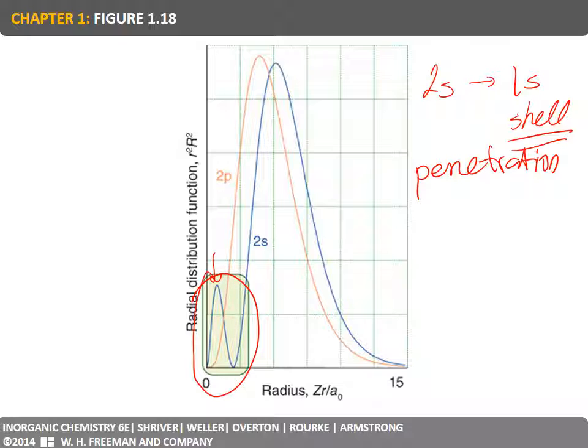Now it is important to remember that 2p electrons will not penetrate effectively through the core, because, as we have stated already, the p orbital, the p electron's wave function, actually goes through zero at the nucleus, right?